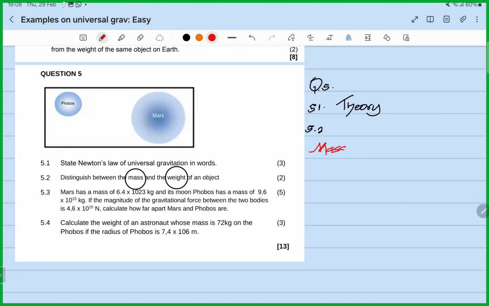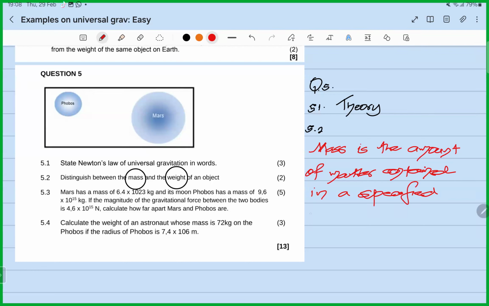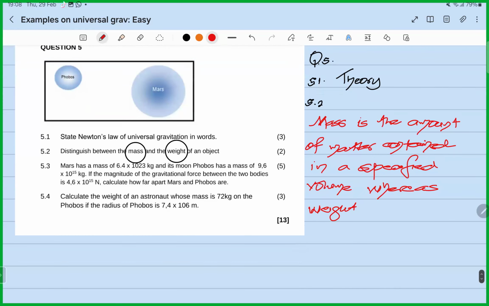Mass is the amount of matter contained in a specified volume, whereas weight is the force of attraction of the Earth on the mass.